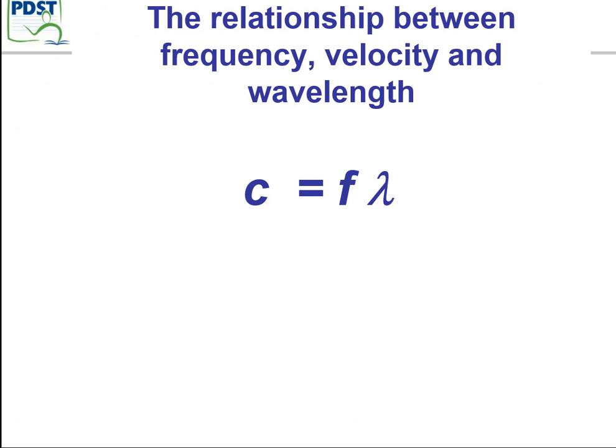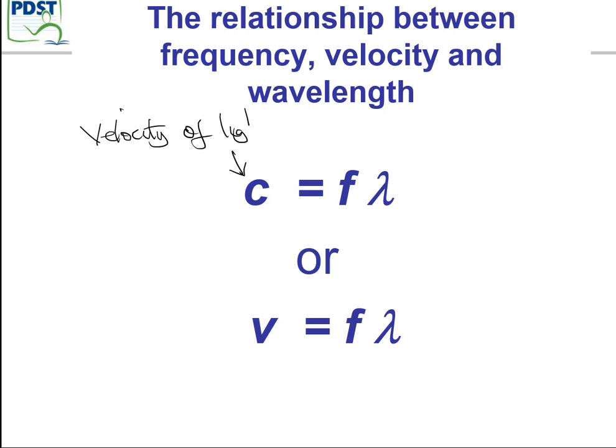So there are important relationships between waves and velocity. The velocity of a wave, including the velocity of light, is given by frequency times wavelength. So wavelength is lambda, frequency is f.